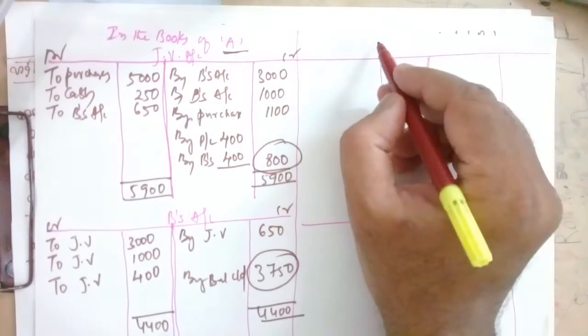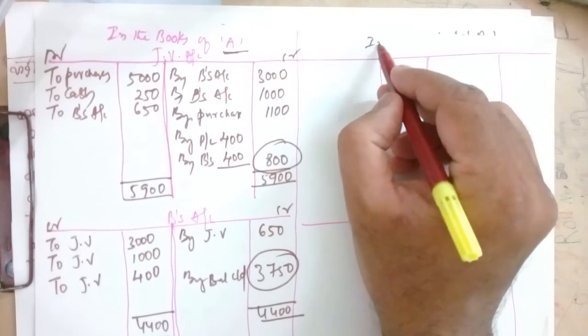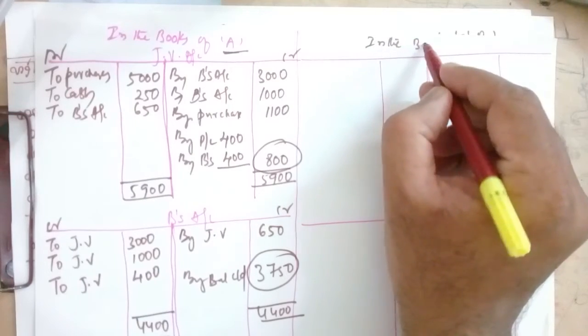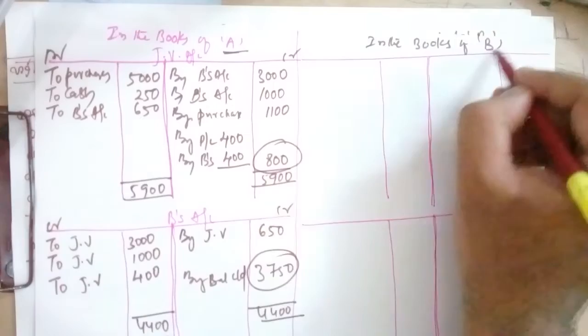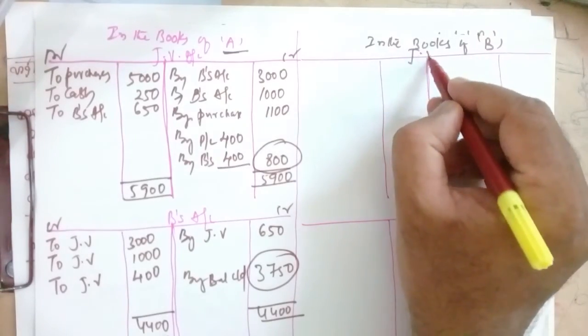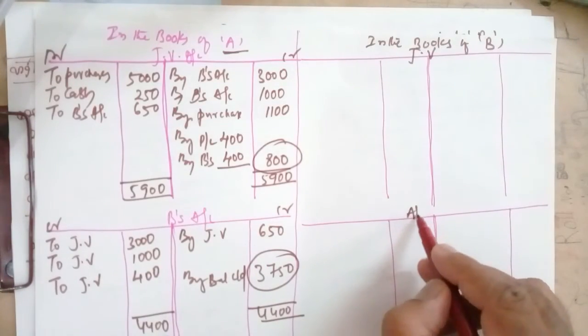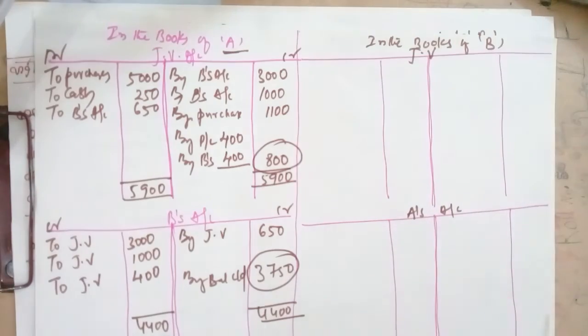Right. Now we are writing in the books of whom? In the books of B. So this account is a joint venture account. This account is A's personal account. Clear?